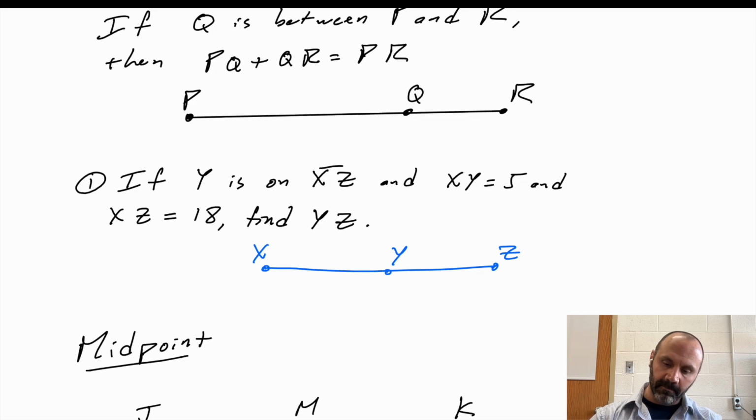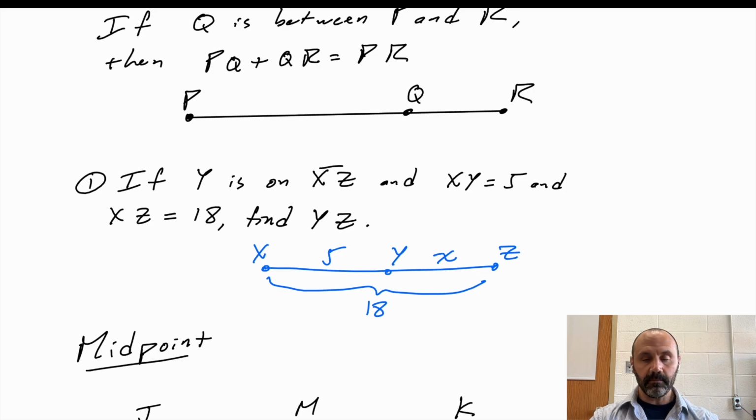Y. Okay. The length of segment XY is 5. I'm going to put that there. And the length of segment XZ, so that's the whole thing, right, is 18. What is the length of segment YZ? So I'm going to call that x. Now, you could probably figure this out on your own.